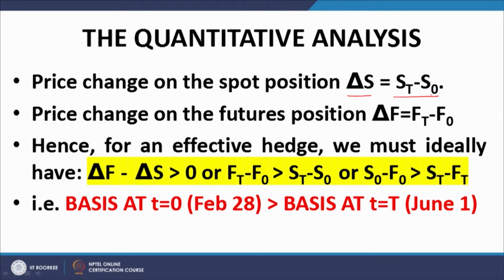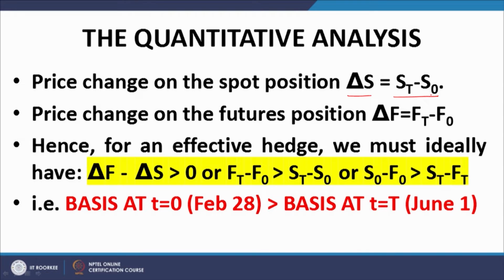Therefore, for an effective hedge, we want that the price escalation in the futures market, which is the profit element, should be higher than the price escalation in the spot market, which is the loss element. So, we must have delta F minus delta S greater than 0, so that we do not lose out on account of the transaction or the set of hedged transactions.